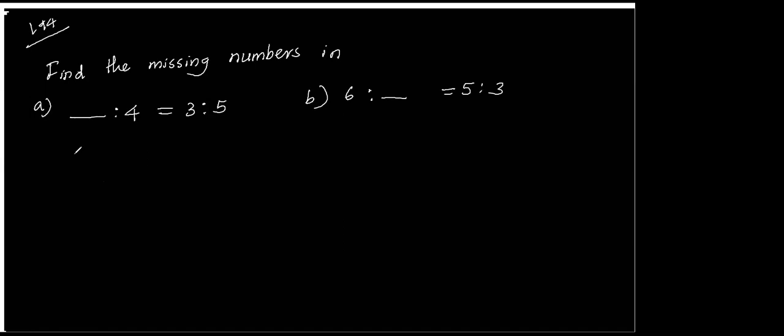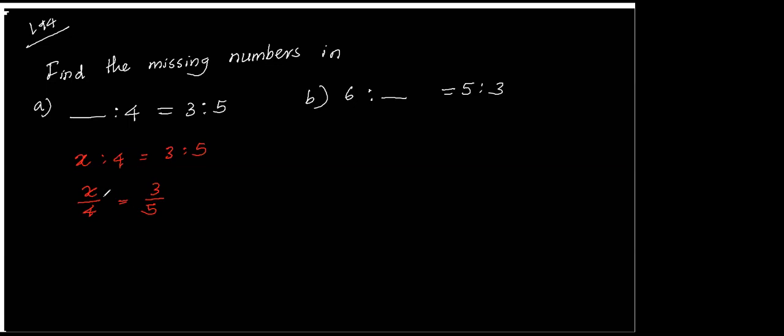Fill in the gap with x to start with. I just write here this gap as x to 4 equals 3 to 5. This way is easy. Then you can write x over 4 equals 3 over 5. Now do the cross multiplication. Even cross multiplication is easy, Pute.